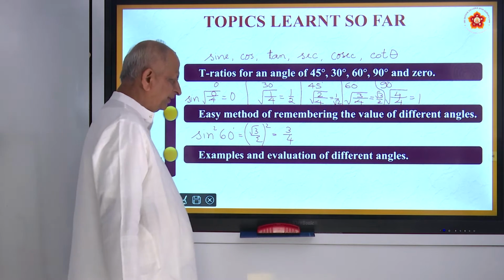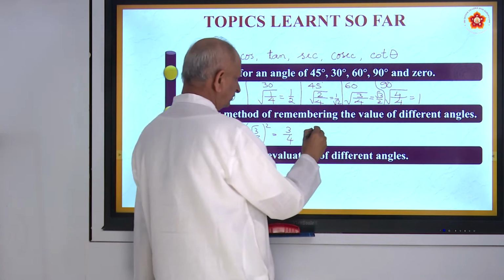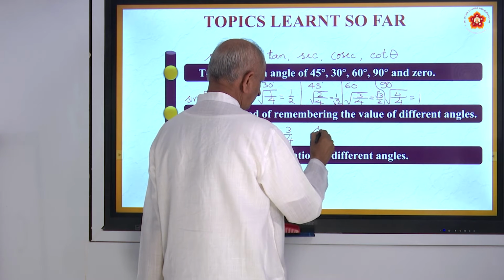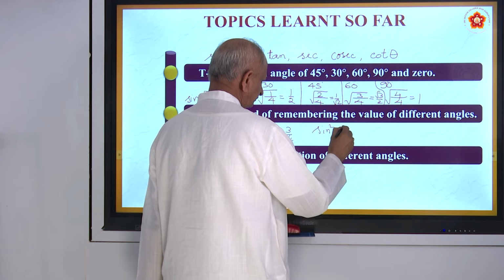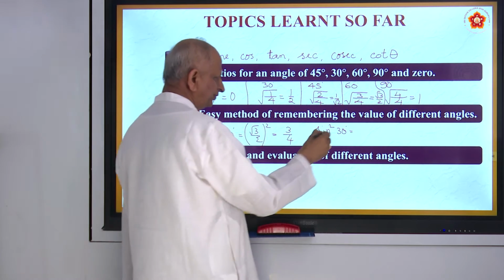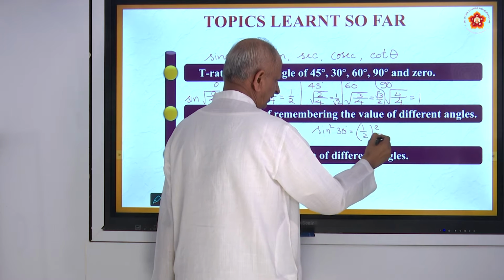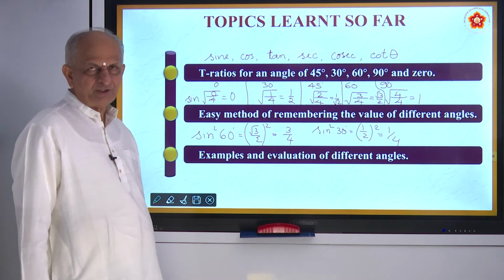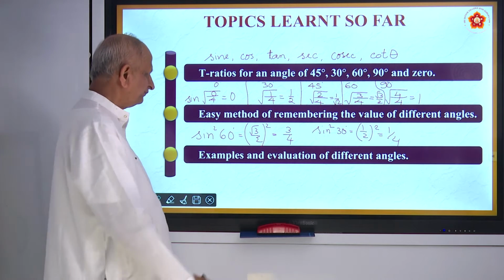That is called sine squared 60. Suppose you say sine squared 30. Sine 30 is half. Sine squared 30 is half square, that is 1 by 4. Alright? That is how you have to evaluate the different angles.